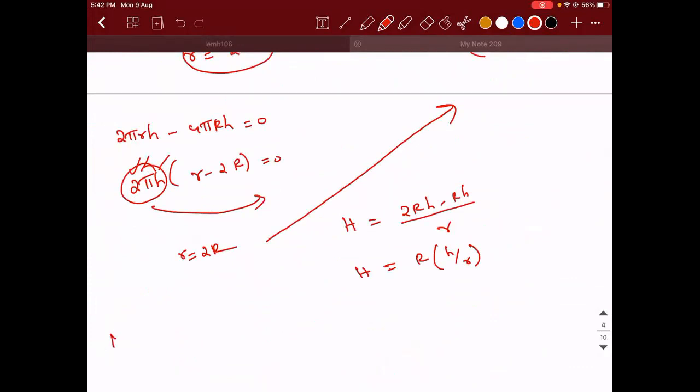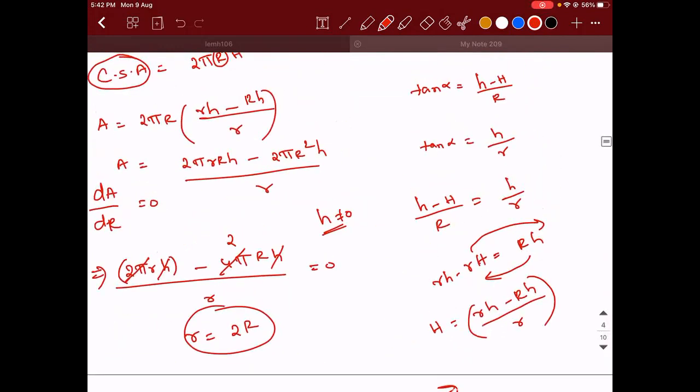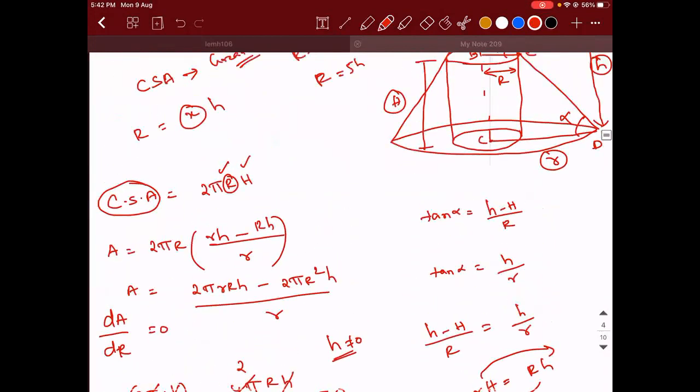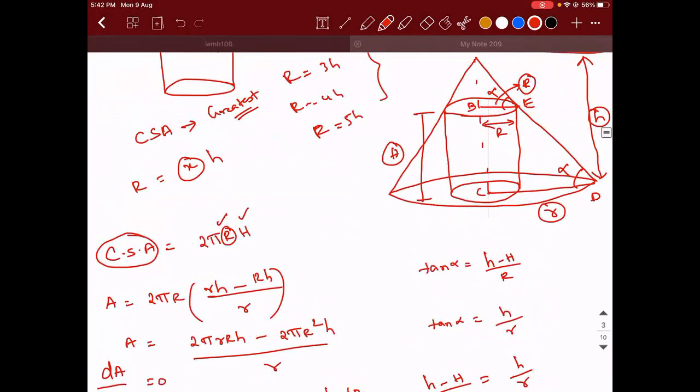What is our job? We need to prove R is equal to 2H. We can take R equal to XH and then find, sir, where R is equal to X. In the first step, we took R equal to XH. But we don't know what is the value of X. That is what we need to find.